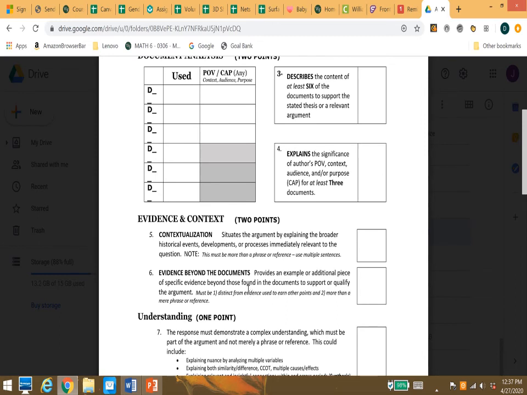Point number six, evidence beyond the documents, okay? Did you bring in outside information? Did you tell me why South Carolina seceded from the Union for document one? Did you tell me the reason the South didn't like Lincoln? Okay, that's evidence beyond the documents. So contextualization and evidence beyond the documents go hand in hand.